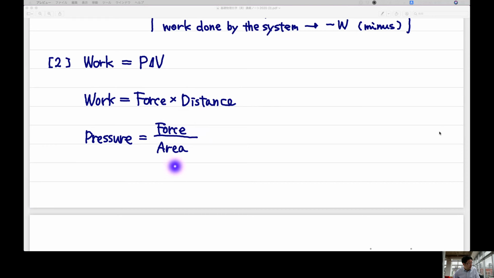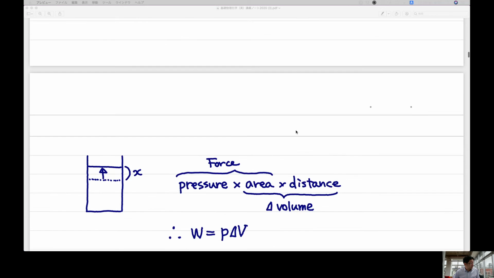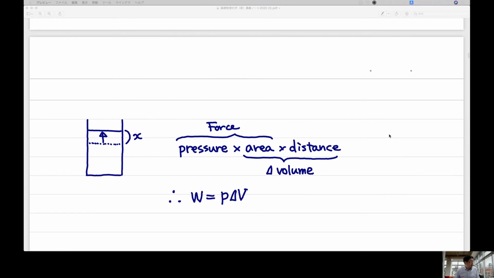Okay, so if you use these two equations, you can understand that work equals P delta V. Here you can see the cylinder, and some pressure acts into the cylinder, and distance x here.